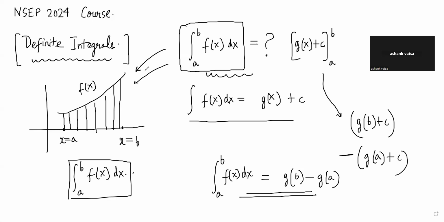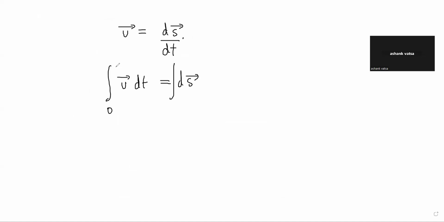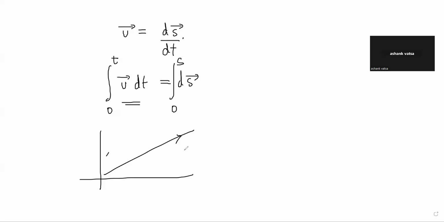For example, if velocity is the derivative of the displacement, you can say v dt is equal to ds and then integrate it from some initial time 0 to final time t, and it will give us the total displacement, because this will be the area under the velocity time graph, right? From time 0 to time t, area under a velocity time graph should give us the displacement covered in that time.